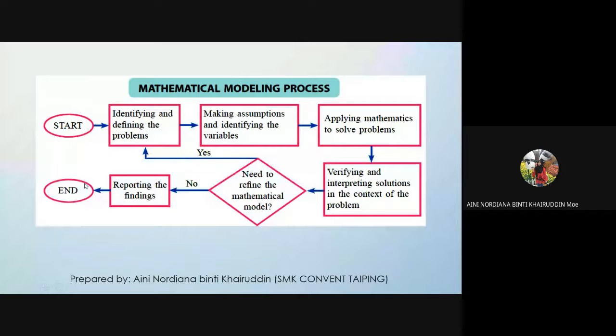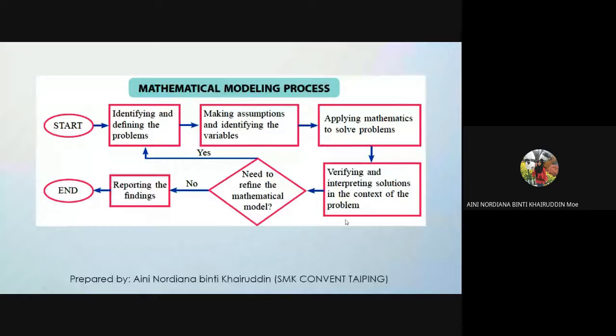Start from identifying and defining the problem, making assumptions, identifying the variables, applying the mathematics to solve problems. Ini kira-kira lah. Verifying and interpreting solution in the context of the problem. So refine mathematical modelling and reporting the finding. Kalau need to refine, pergi balik first step. Kalau tak perlu, so terus report.